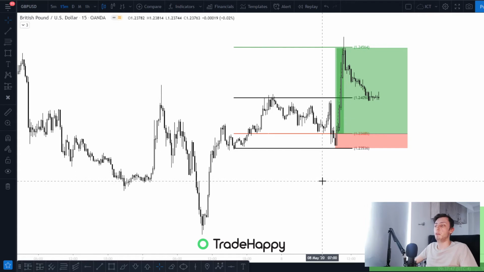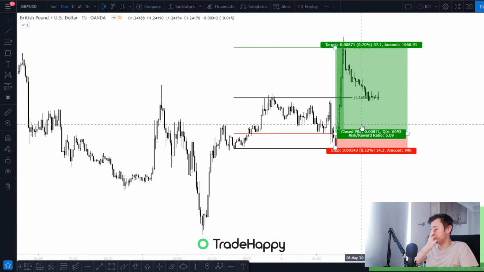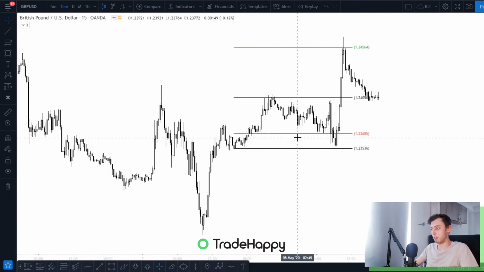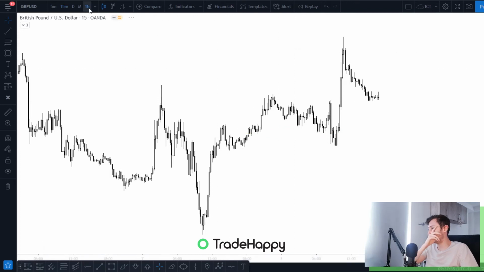So yeah, that would have been a nice trade if you managed to catch it. You would have been out of that trade now completely. But yeah, that seemed like a really nice move last week.